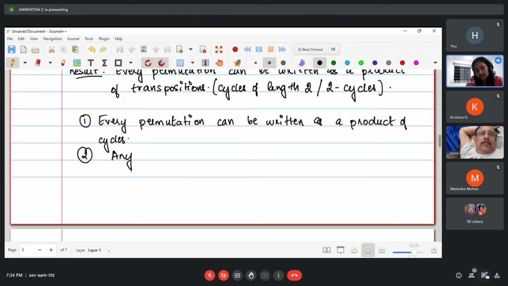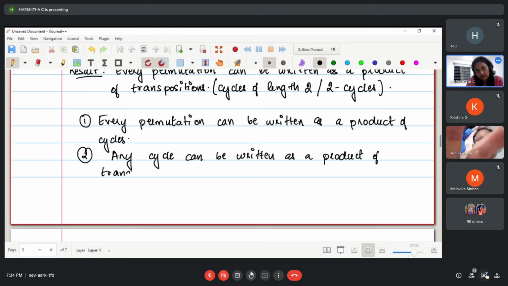So the second thing is any cycle can be written as a product of transpositions.